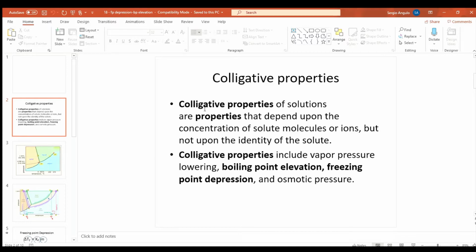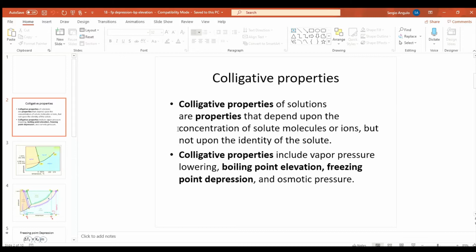And so as you can see here, we have definitions of what colligative properties are. Colligative properties of solutions are properties that depend upon the concentration of solute molecules or ions, but not upon the identity of the solute, which means if you make a solution, it doesn't matter whether your solute is sodium chloride, salt, or potassium nitrate, or glucose or alcohol, whatever the solute is, it's going to have the same effect on the solution, regardless of what it is.